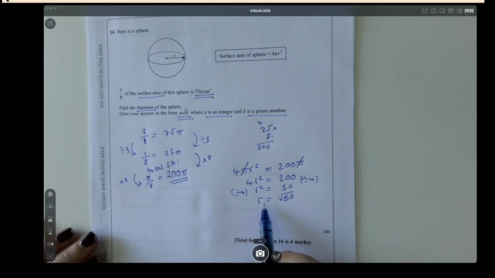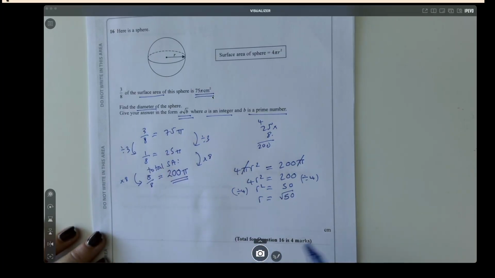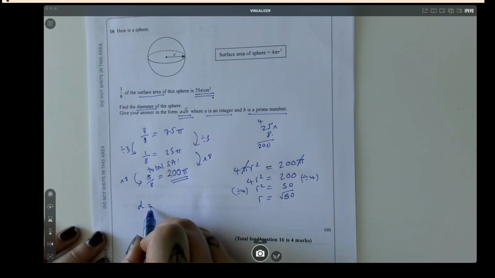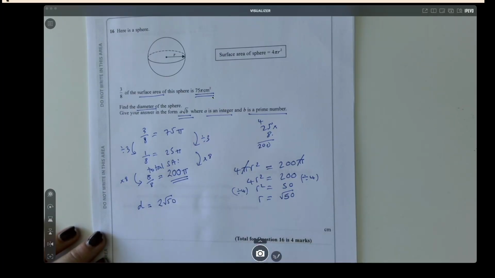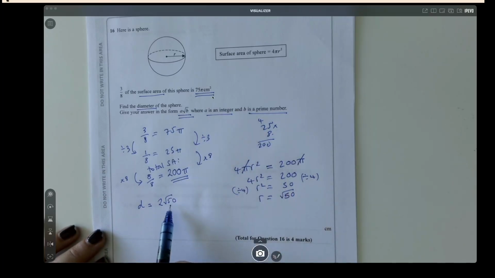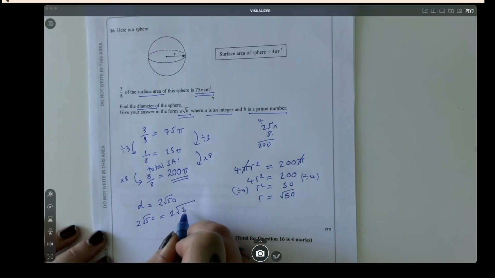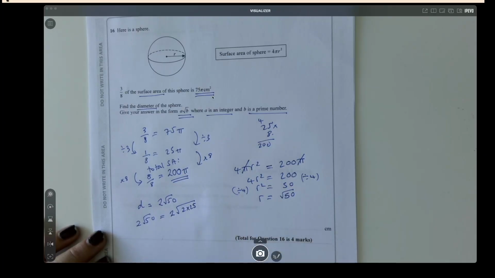Now, if the radius is the square root of 50, we want the diameter. The diameter is double the radius. So the diameter is 2 root 50. However, a is an integer, b is a prime number. 50 is not a prime number, so we need to simplify 2 root 50 further. So we can simplify this as 2, and then 50 can become 2 times 25.